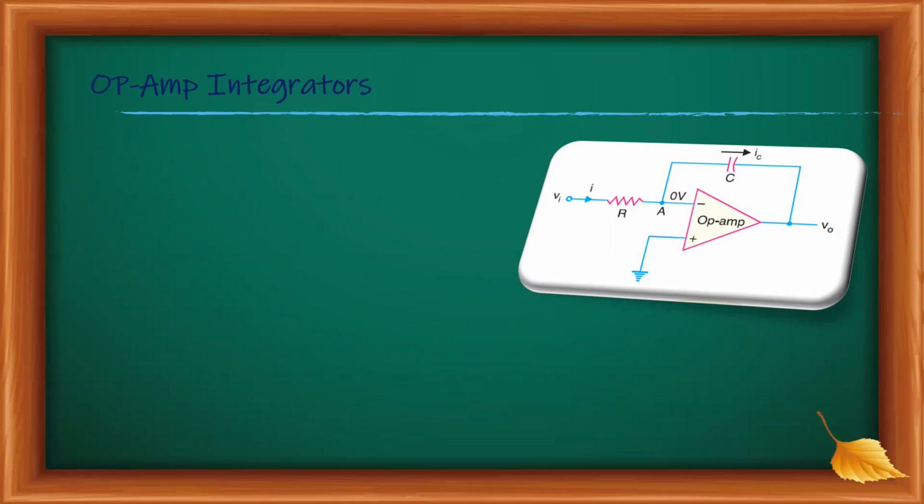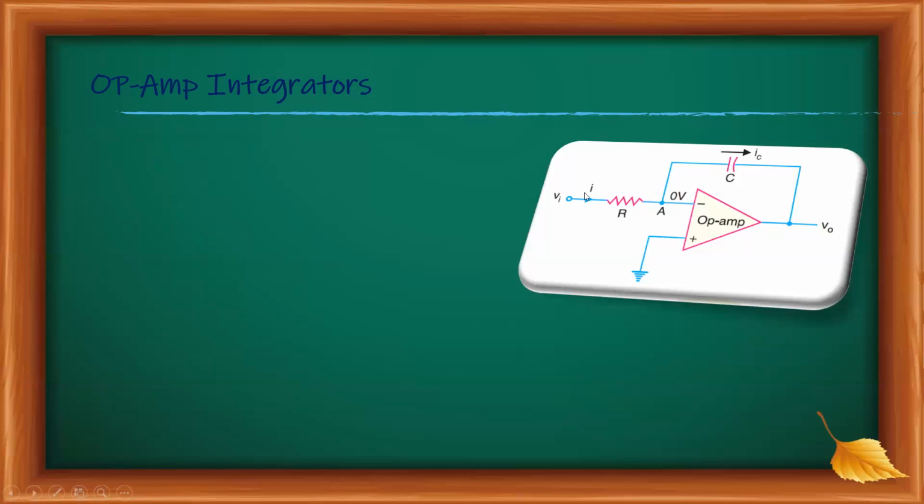When looking at the connection diagram, we can say that due to the virtual ground and high input impedance of the op amp, the current flowing through the resistance R will flow through the capacitor, because there is no current flowing into the op amp.